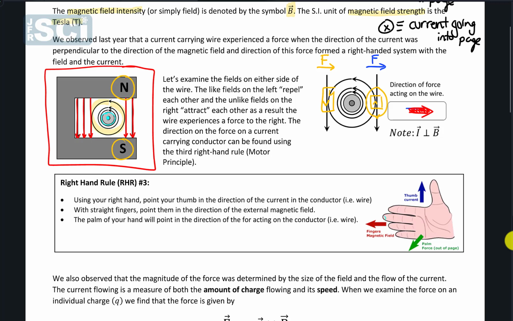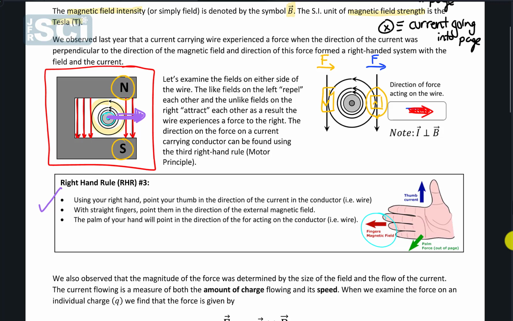Our fingers should be pointing downwards on our computer screen. So now we should have our fingers pointing down, our thumb pointing out of the computer screen, and you should see that your palm is in fact being pushed this way. Towards the right should be the direction that your palm is facing. And that tells us right on. We know which direction the magnetic force would be acting on that wire.